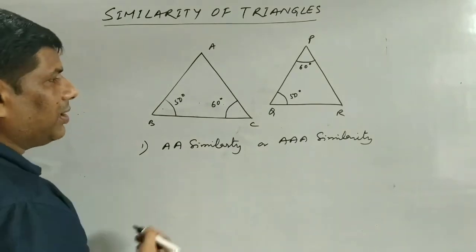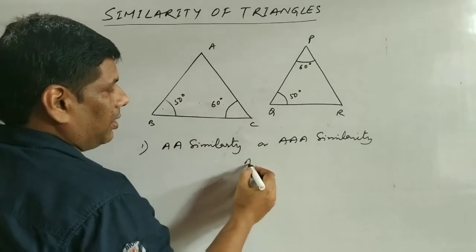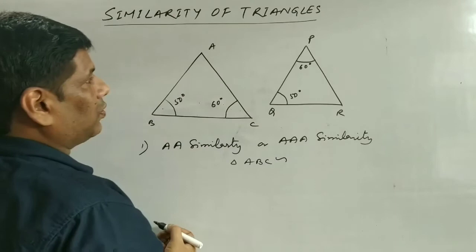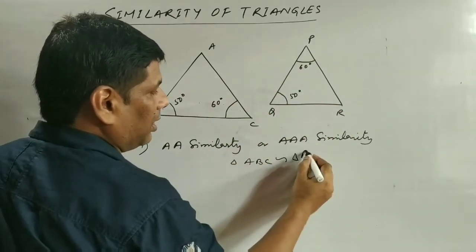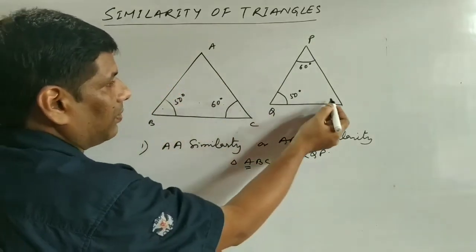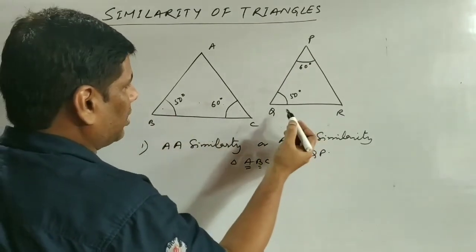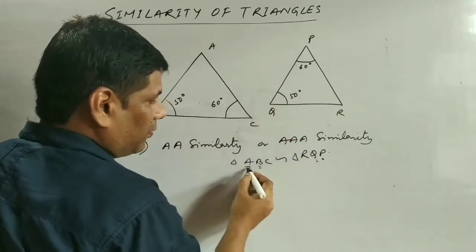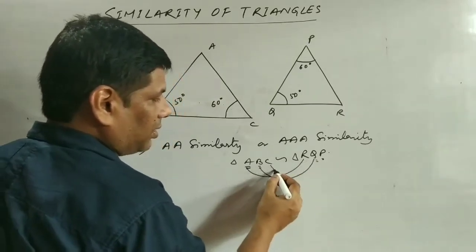But while writing the similarity, we have to see the rotation. This triangle ABC will be similar to triangle RQP. Why? Because angle A will be equal to angle R, angle B is equal to angle Q, angle C is equal to angle P. So the first angle is equal to the first one, second angle is equal to the second one, and third angle is equal to the third angle.